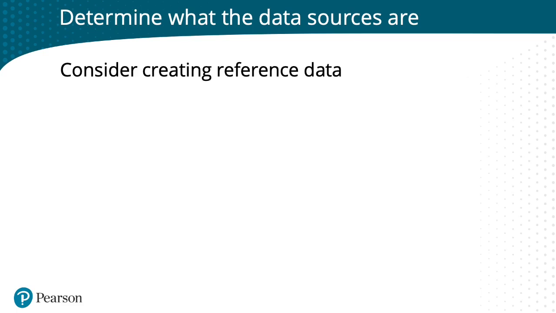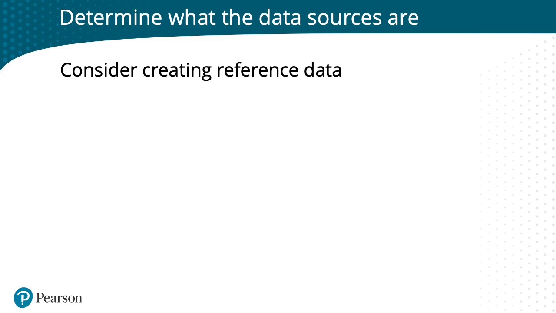And then, as you learn more about your data, consider creating some type of reference data. And reference data refers to any type of data that we use to classify or categorize other data. So these are things that usually don't change or they change really slowly.